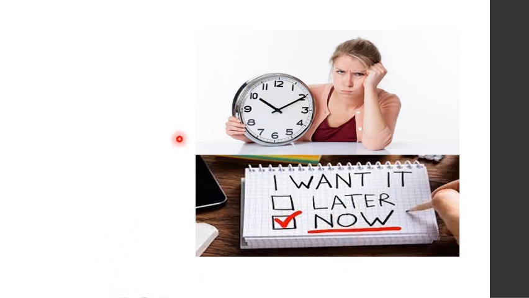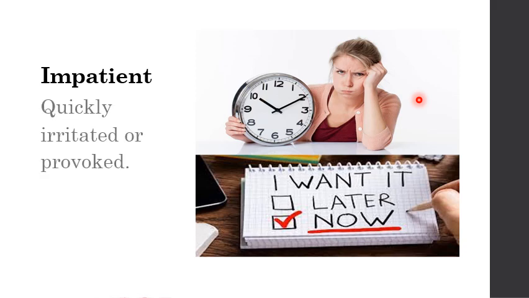So this girl or this woman, perhaps she is impatient. Are you impatient? So what is an impatient person? An impatient person is quickly irritated or provoked.